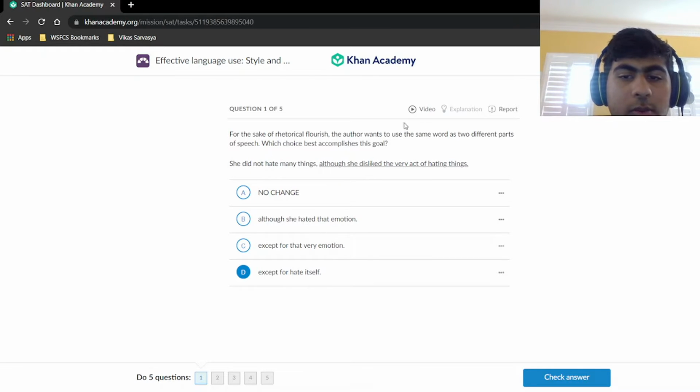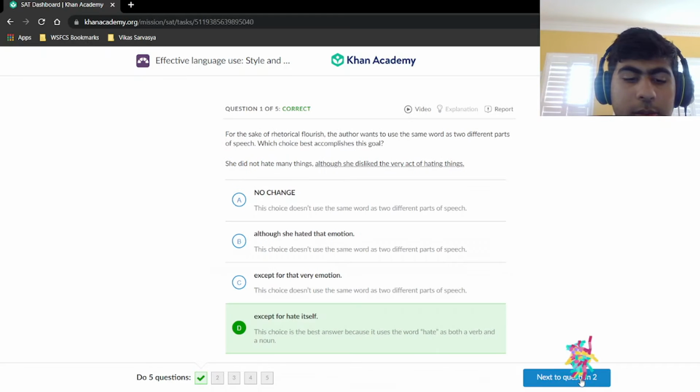Right? That uses the word in 2 different parts of speech. Hate as in the action of hate, and then hate as in the noun, as in the actual idea of hate. And then that has the 2 different parts of speech, and it does seem to flow very nicely, which has this rhetorical flourish. So that's going to be our answer, and let's move on to the next question.